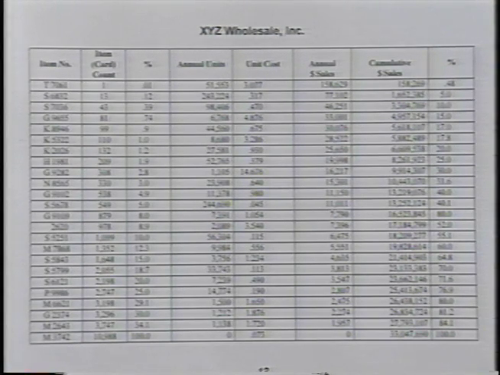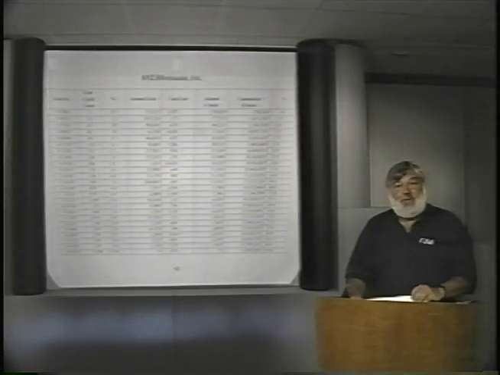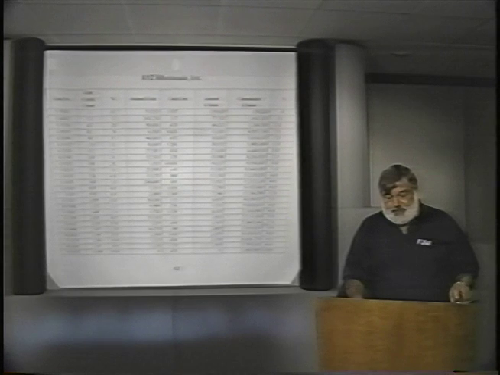Those 2,000 plus items would be called the A items. Another 15 to 20% of the part numbers could represent another 15% of the cumulative usage value. And those would be B, and then the balance would be C.